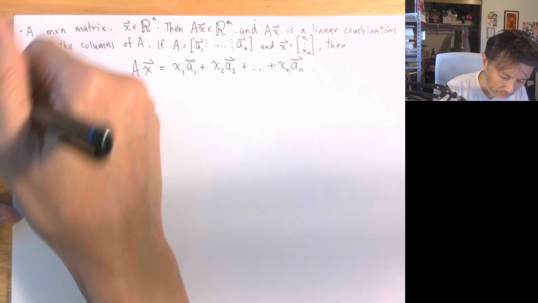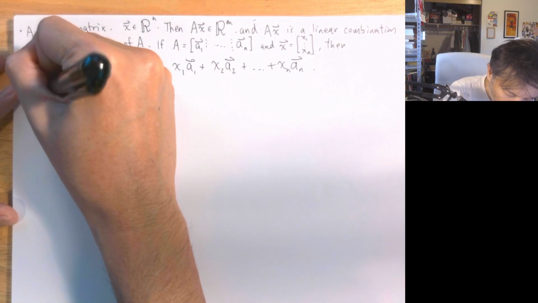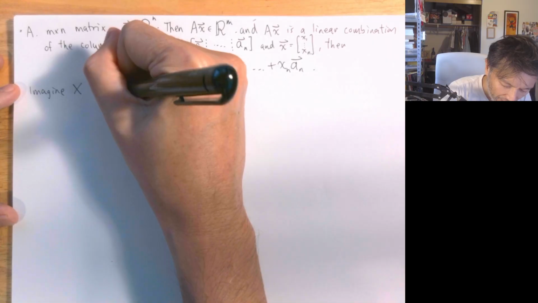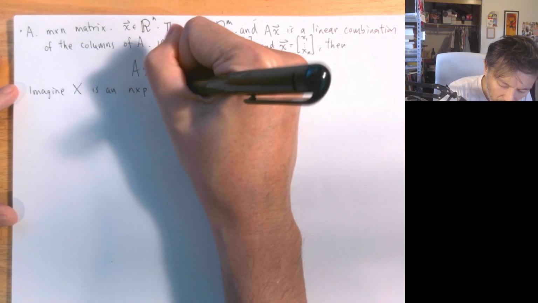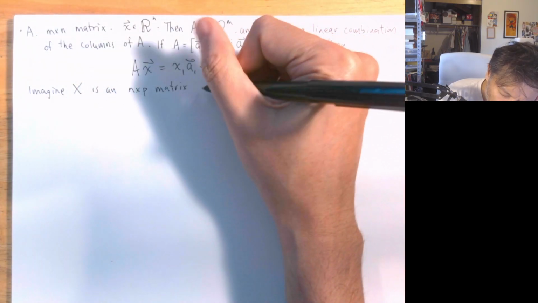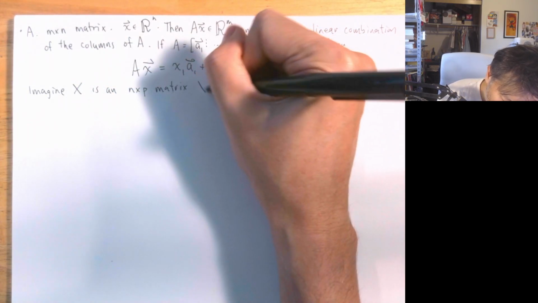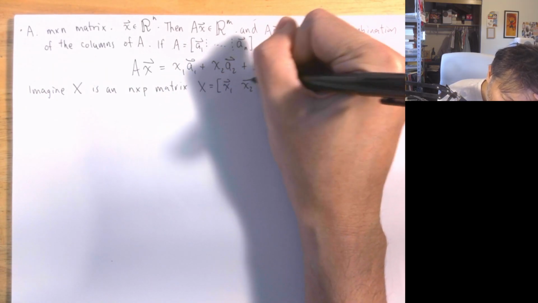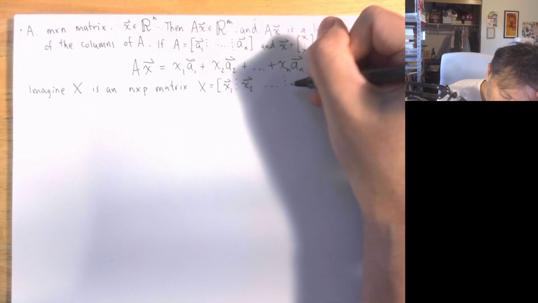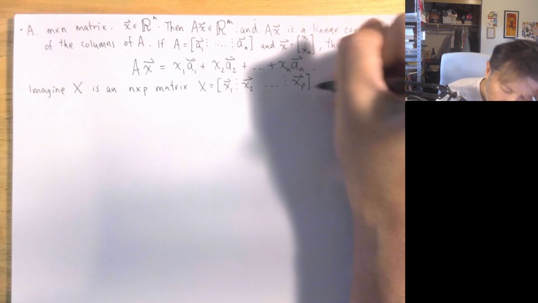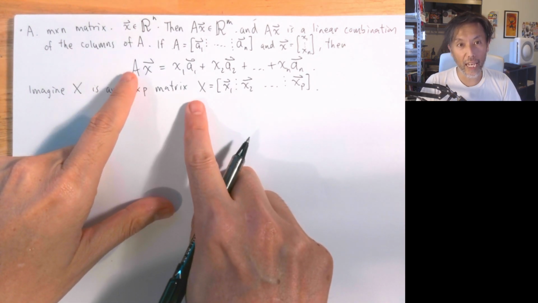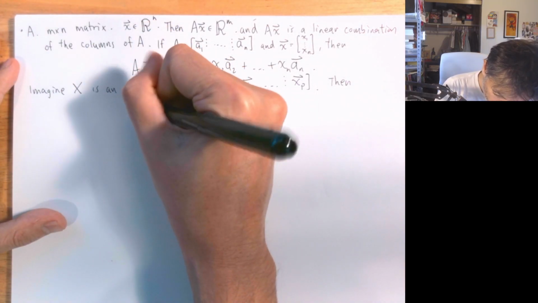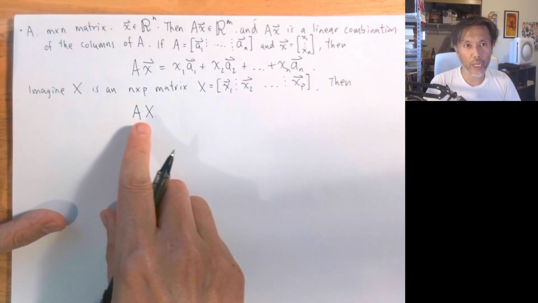So imagine, and I'm going to call it big X now, that big X is an n by p matrix given column-wise by x1, x2, all the way out to xp. Then we can form the product A times big X. Now let's do a shape check here.